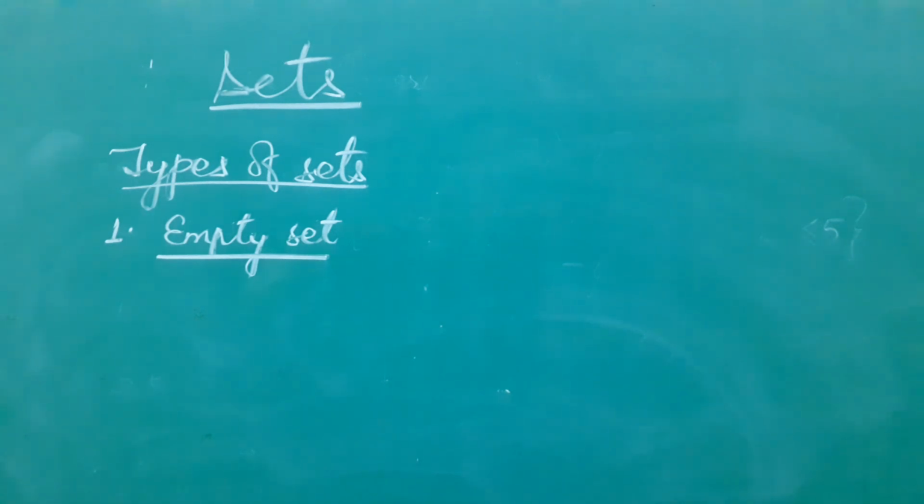Because from the definition of a set, it is a well defined collection, so it should be a collection. But in this collection we don't have any element, as if the collection is emptied. If it is empty, then it is considered an empty set.